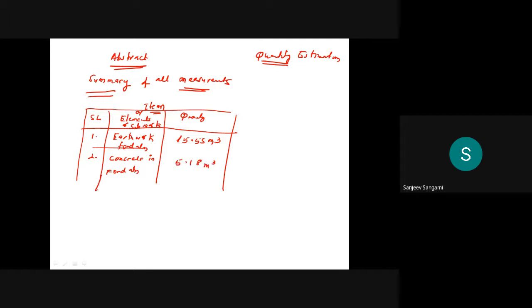I am not writing any quantity unit here. Sometimes the quantity will be in meter square or meter cube. Better you write it here, quantity meter cube or meter square. Sometimes DPC and all those things, and painting works, will come in meter square. That has to be considered.